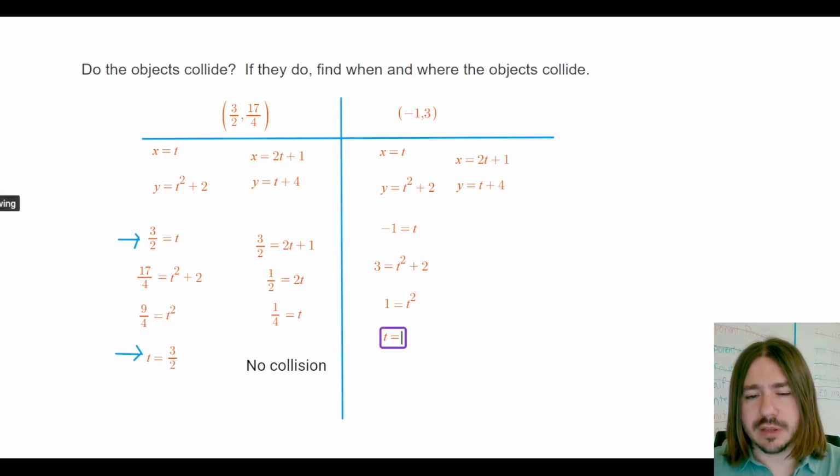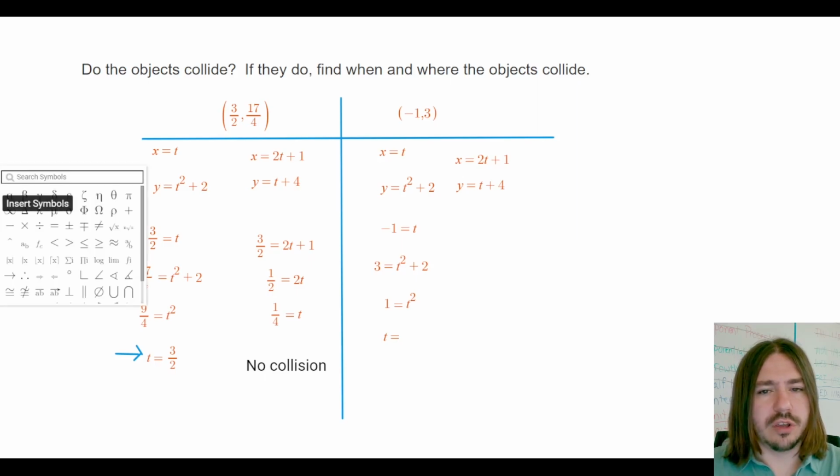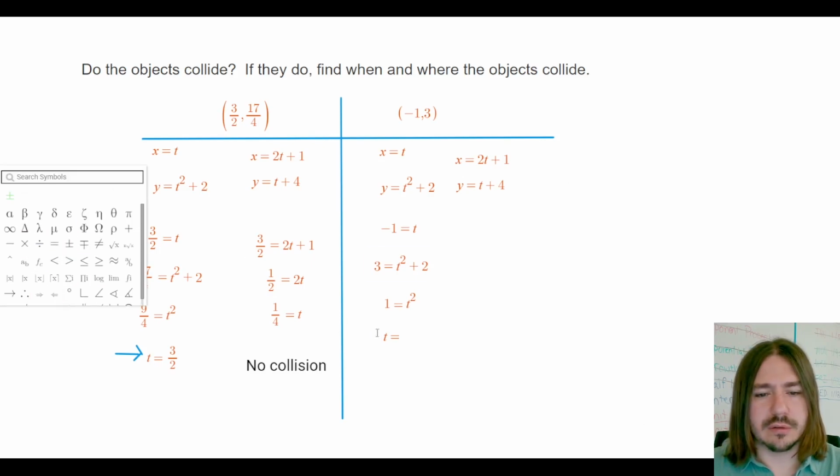Now, obviously, plus 1 is not going to be one of our answers here because we're looking for the time to be -1. So we get t equals plus or minus 1, but we want to discard the positive 1 because, as we see from this first one, we want the time to be -1.